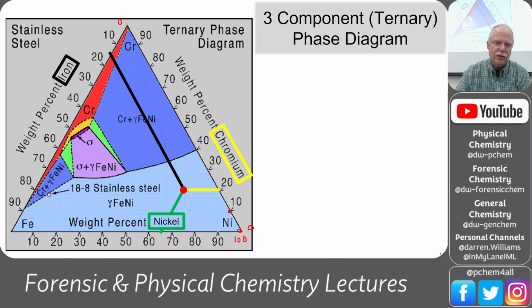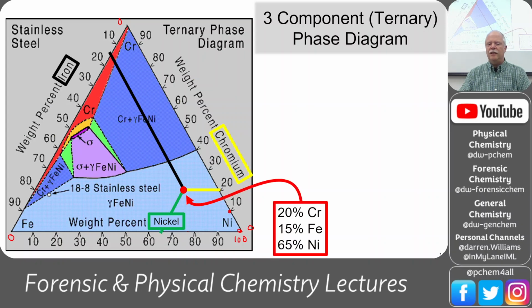And then this one goes parallel to the 0 line. So the 0 line for nickel is down here. And so parallel to that line is this green line, and that hits at 65. So that point has the 3-component composition of 20% chromium, 15% iron, and 65% nickel. So that's how you read a ternary diagram.